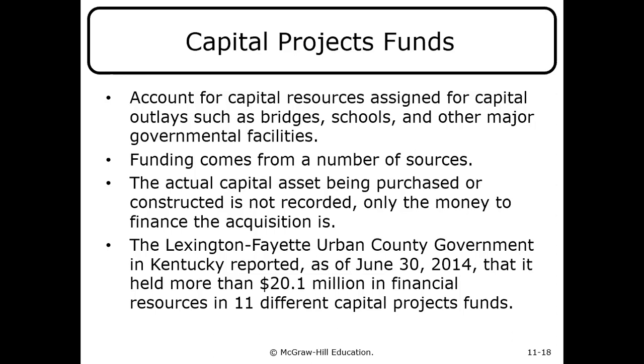Lexington Fayette Urban County Government in Kentucky reported as of June 30th, 2014 that it held a total of more than 20.1 million of current financial resources in 11 different capital project funds to be used in a variety of projects, such as the acquisition or construction of a cultural center. So that's money set aside for these projects, road projects, building a public library, computer equipment. Okay, so it's not the asset that's being bought, it's where the money goes to fund the asset purchase.